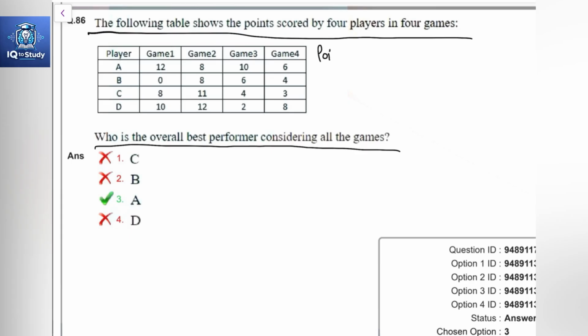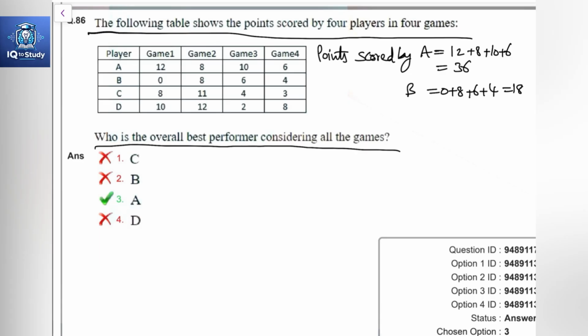Let's take points scored by A, which is equal to 12 plus 8 plus 10 plus 6, that is equal to 36. Points scored by B is equal to 0 plus 8 plus 6 plus 4, which is equal to 18. Scored by C is equal to 8 plus 11 plus 4 plus 3, which is equal to 26.